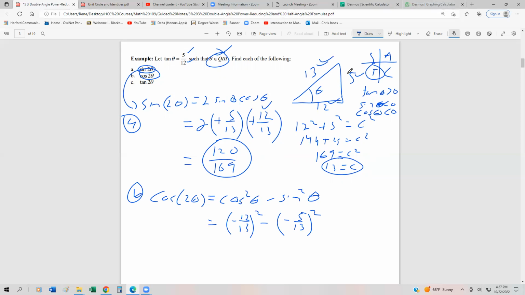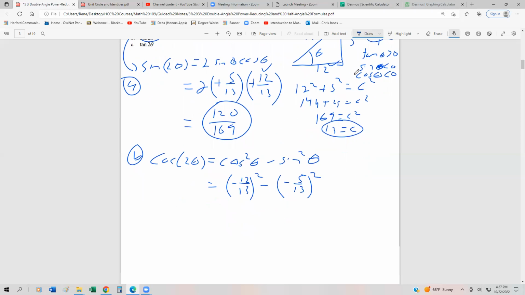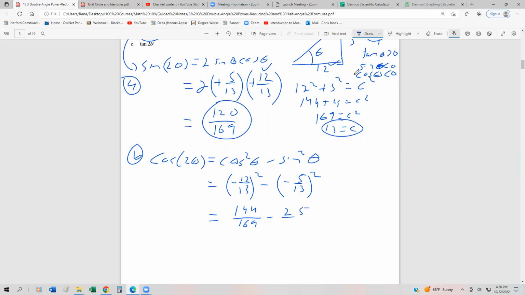Our sine is negative 5/13, and we square that as well. Squaring out, that gives us 144 over 169 minus 25 over 169, and 144 minus 25 gives us 119. So 119 over 169.